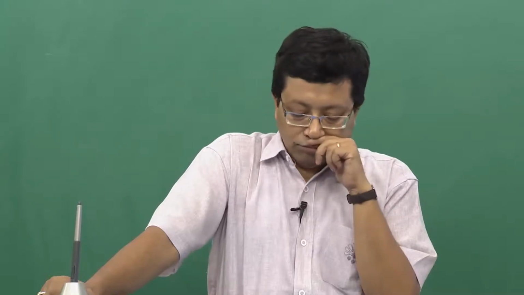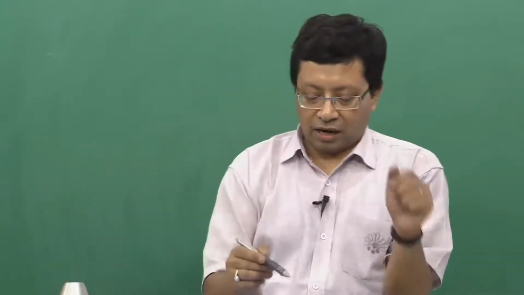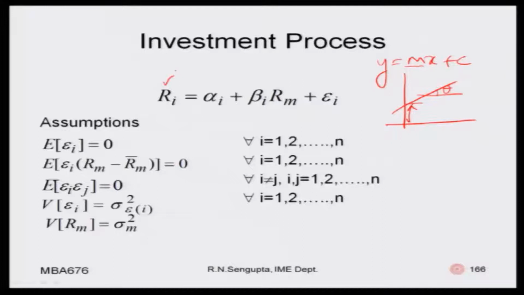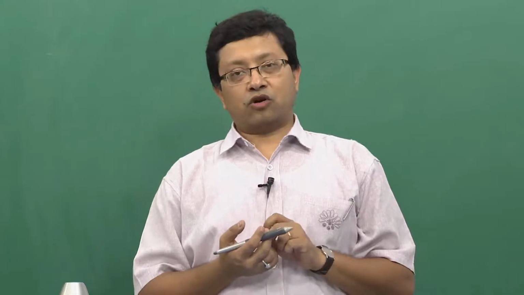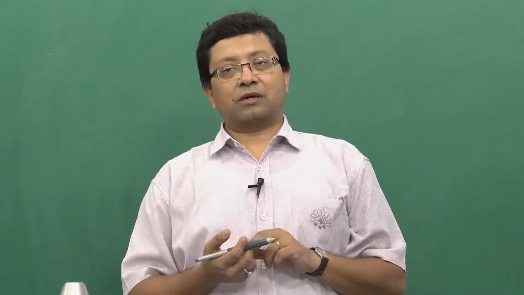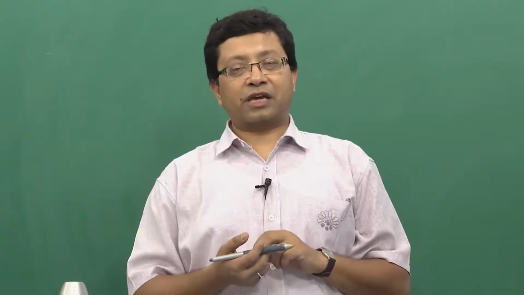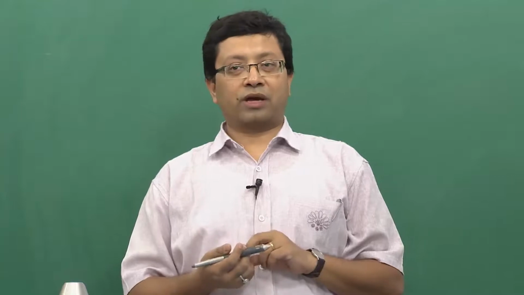Now, here R_i or small r_i is the return of a particular stock with a suffix i, meaning the stock number. And R_M is basically the conglomeration of all the market which you have, which is known as the index, which as we said can be the Bombay index, the National Stock Exchange, say for example Dow Jones Industrial Average, can be Nikkei from Japan, can be FTSE from UK, and so forth.